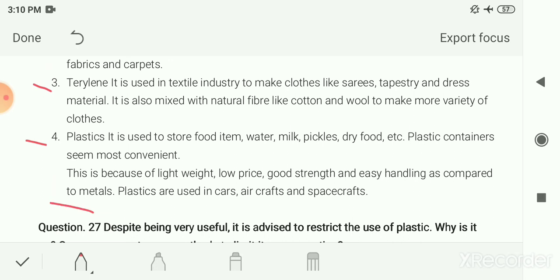Some of the properties of plastic are given here: it is lightweight, low price, good strength, and it is easy to handle plastic as compared to metals. And plastic is used in cars, aircrafts and spacecrafts. It has a wide variety of uses. So these are the importance of synthetic substances in our daily life.